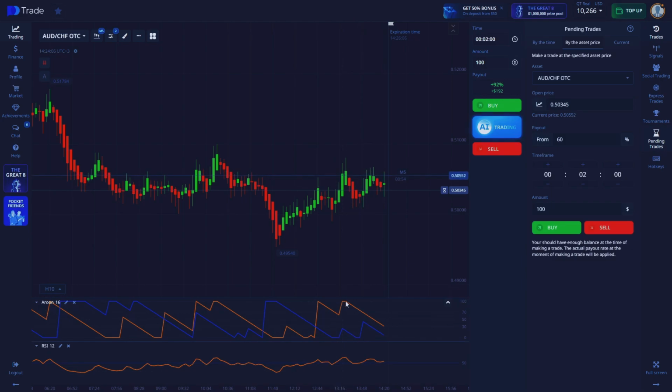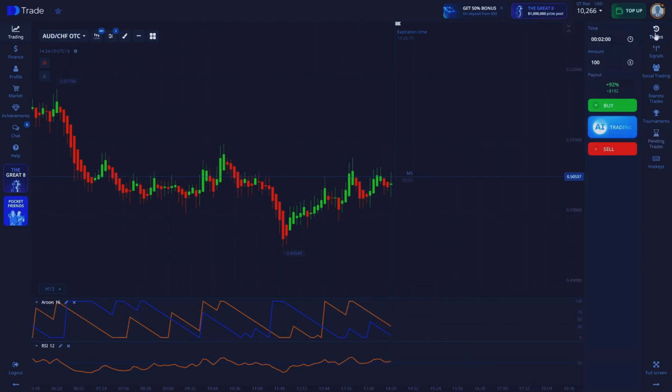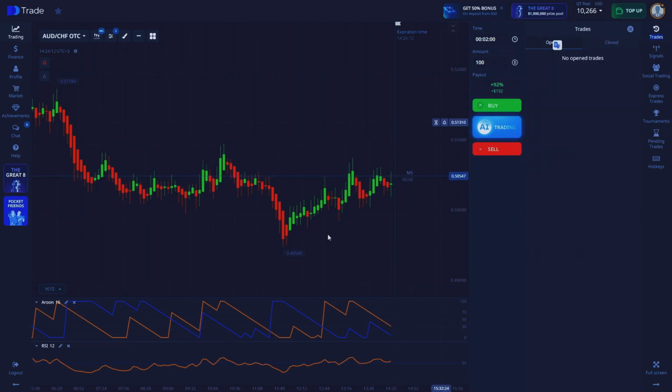If the orange line crosses the blue one from top to bottom, and if there is exactly the same pattern on the RSI, then we enter a sell trade. If everything is going in the opposite direction, then we enter a buy trade.